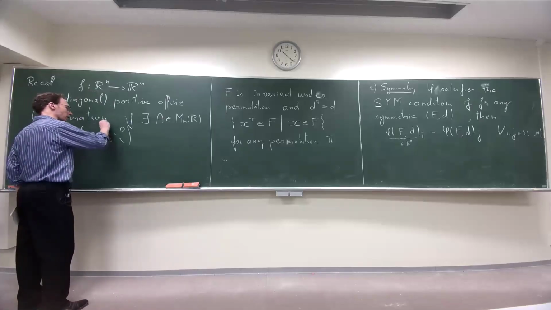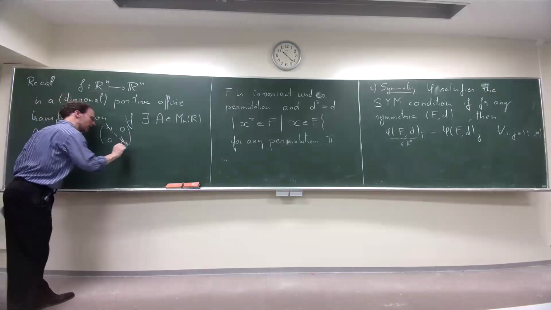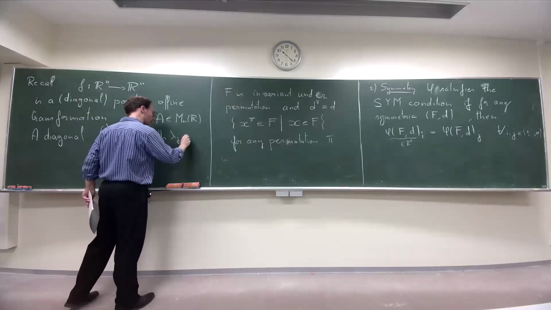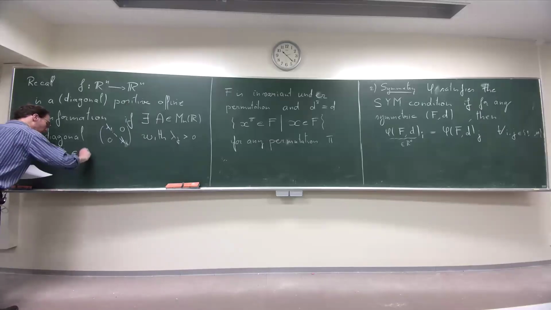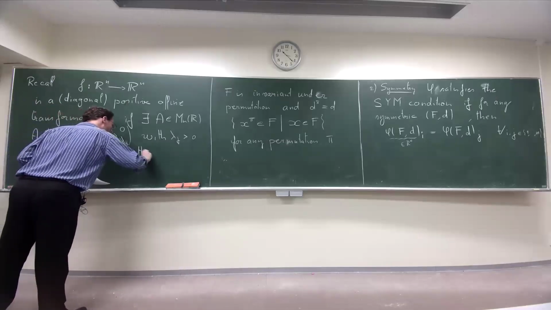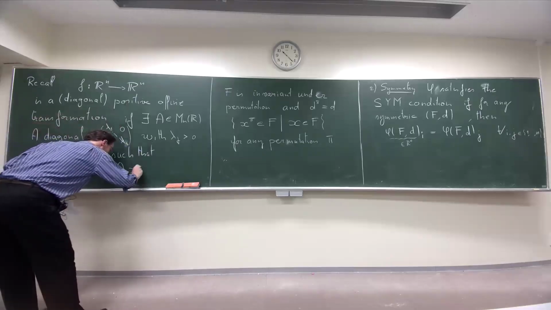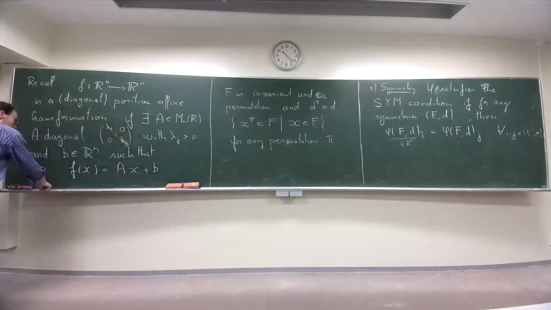Maybe I can give a name. Lambda 1 up to lambda n, because it's a diagonal matrix, with all lambda j bigger than 0. So the elements on the diagonal are bigger than 0. So there exists such a matrix, and a certain B, which is an element of Rn, such that f of x is nothing but Ax plus b, for any x in Rn.